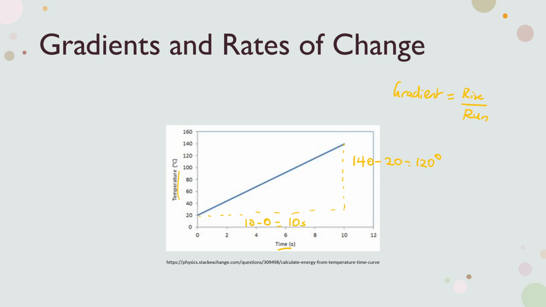In other words, over the 10-second period of time, the object that's been measured has increased its temperature by 120 degrees. The gradient would be equal to 120 over 10, which is 12. In other words, the object sees a 12-degree increase every second, or 12 degrees Celsius per second. That is our rate of change.